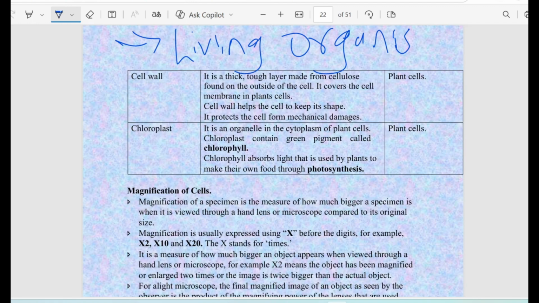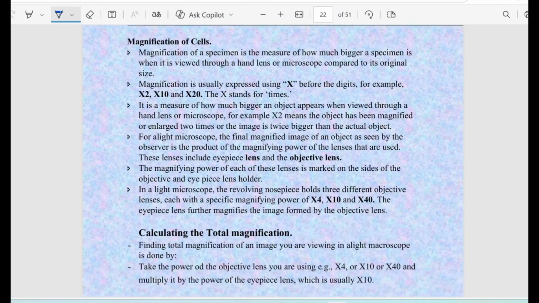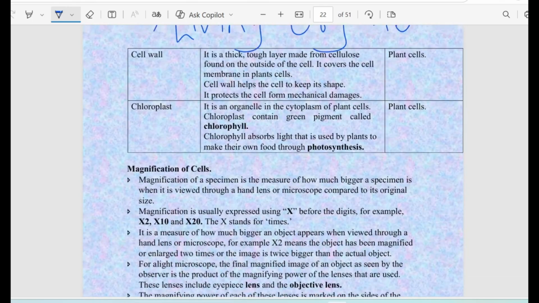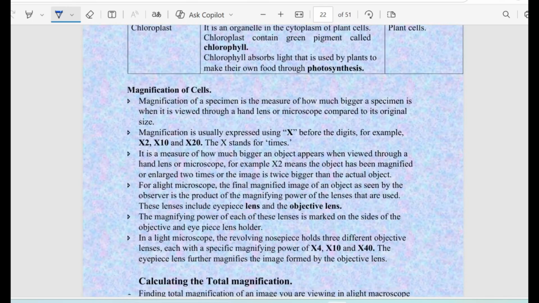Then the last part of this strand is about magnification. Magnification of cells. Magnification of the specimen is the measure of how much bigger a specimen is when it is viewed through the hand lens or microscope compared to its original size.